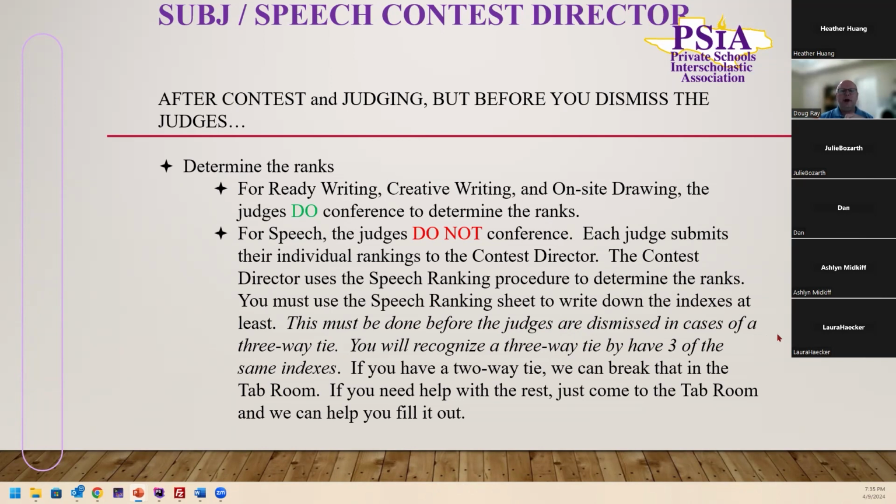If you do have a three-way tie, the judges then confer, but only to determine the relative rankings of those three individuals that are involved in the three-way tie. So out of that conference, the judges will get together and decide one of them is the best, one of them is the middle, and one of them is the lowest.